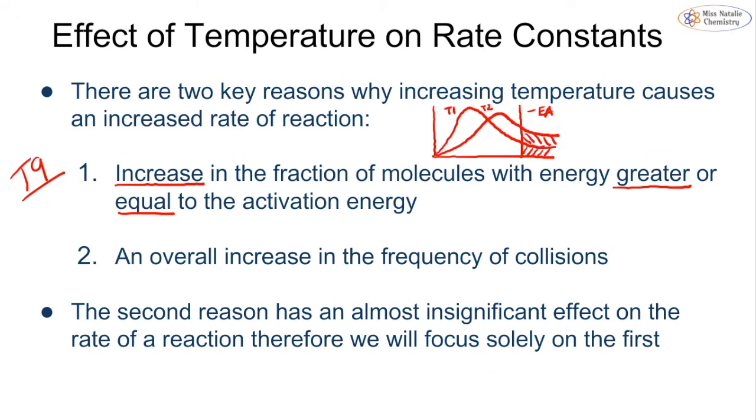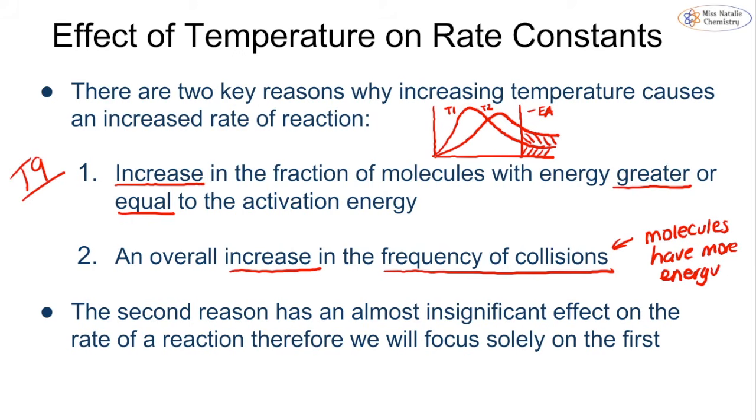The second reason why increasing temperature causes an increased rate is to do with the frequency of collisions increasing. And this is because the molecules or the particles have more energy. So the more energy that the particles have, the more likely they are going to move around and the more likely they are going to hit each other.